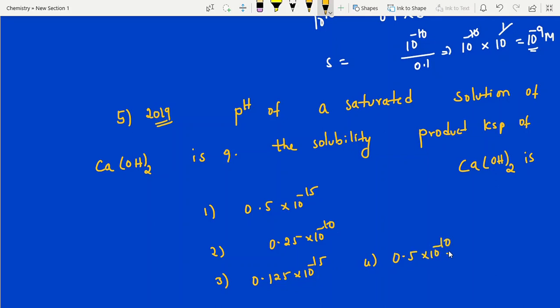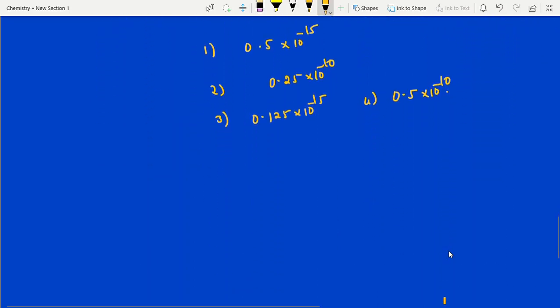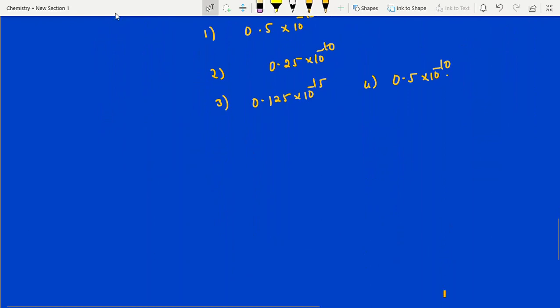You can check it. Along with this question's solution, there is one more question, calcium fluoride and NaF. That is also one of the frequently asked questions. I am going to give the solutions for these two questions. Okay. Next question. Try these two questions. This is 2019, also a NEET question.